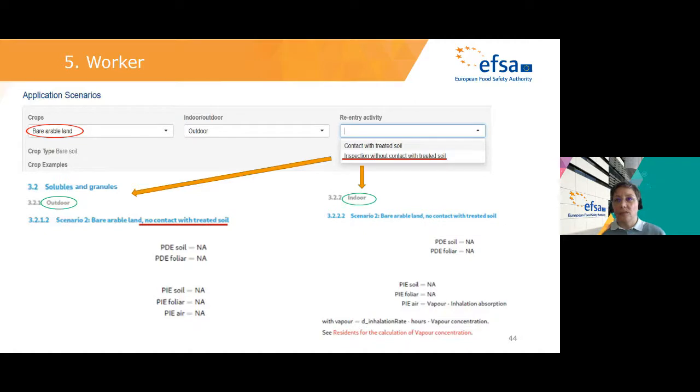And you see that for this one, there is a difference between outdoor and indoor use, because in the case of outdoor uses, all parameters are not applicable, so it is considered that there is no exposure of the worker, while for indoor use, you have at least exposure to vapor by inhalation, which is taken into account.